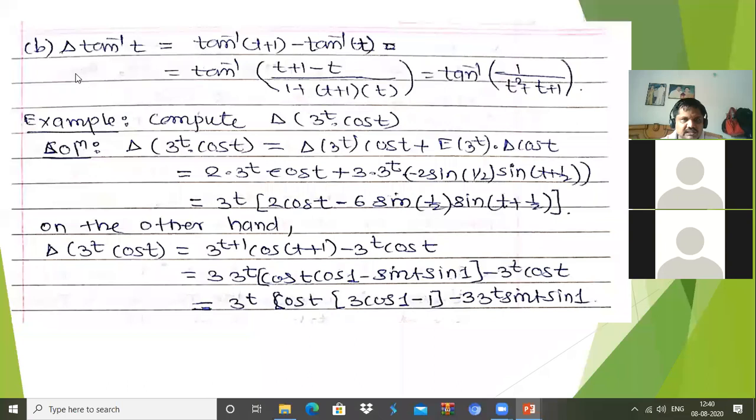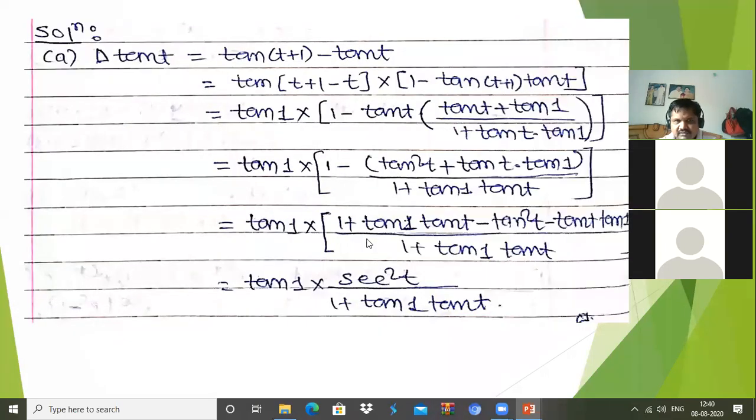Similarly, the delta of tan inverse t is tan inverse of (t plus 1) minus tan inverse of t, that is tan inverse of (t plus 1 minus t) upon (1 plus t into (t plus 1)). I think there is some mistake in the calculation of the previous problem. Okay, I will explain this term in the next lecture.